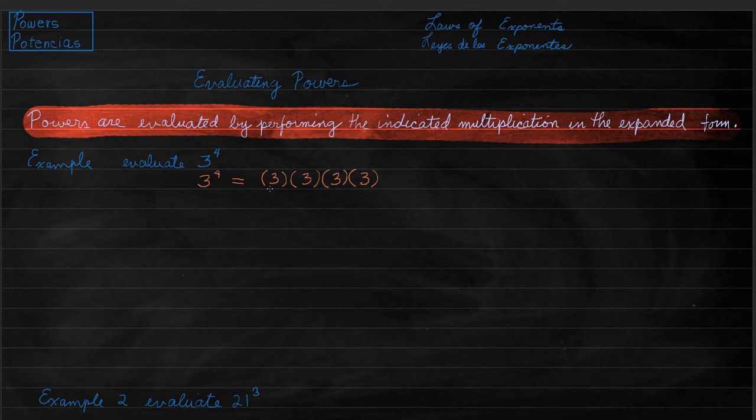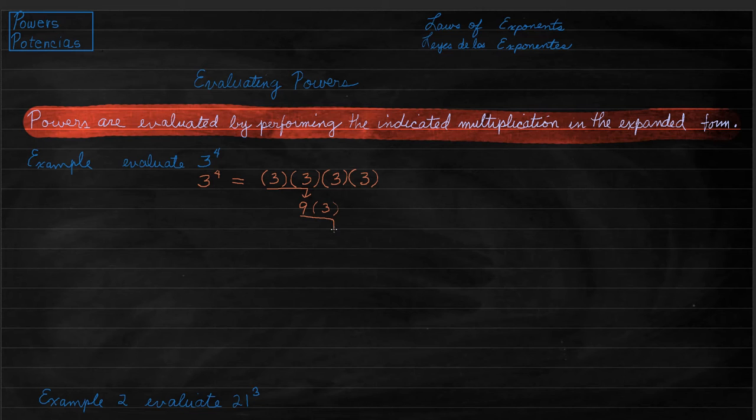To perform the multiplication, we start with the 3's on the left. 3 times 3 gives me a 9, although it doesn't matter how you multiply it. For instance, you could also multiply the other 3 times 3 as well. Once you have the product, the result of 3 times 3, now multiply times the next 3.